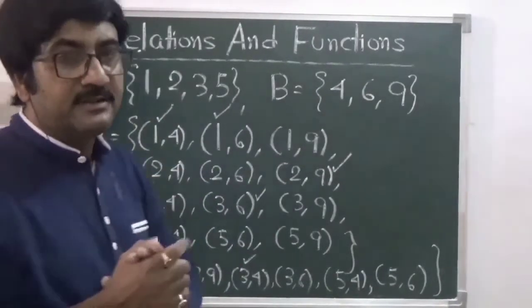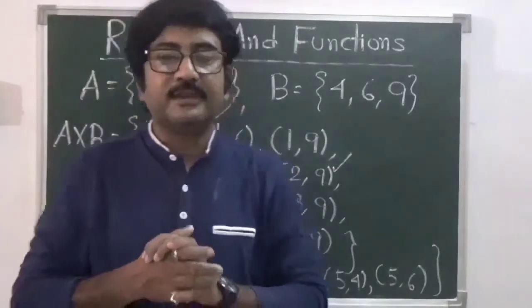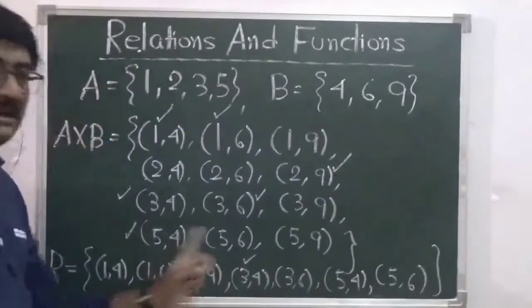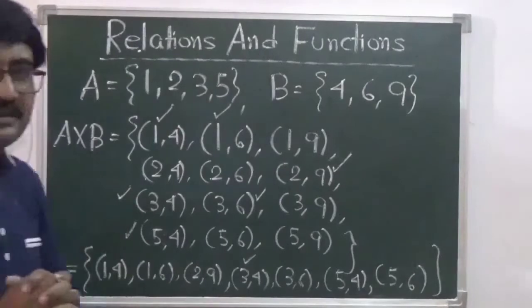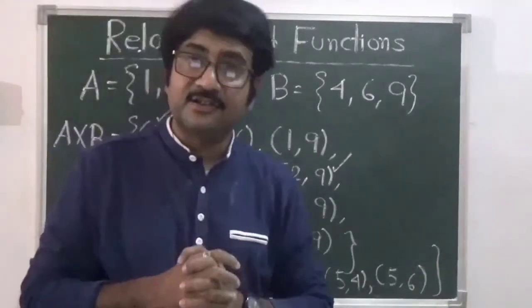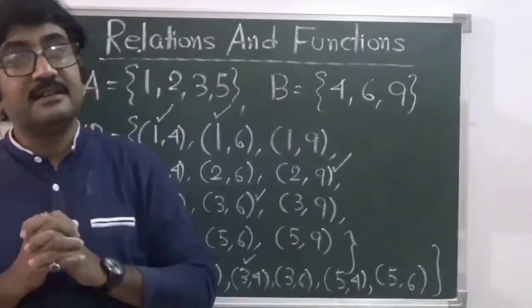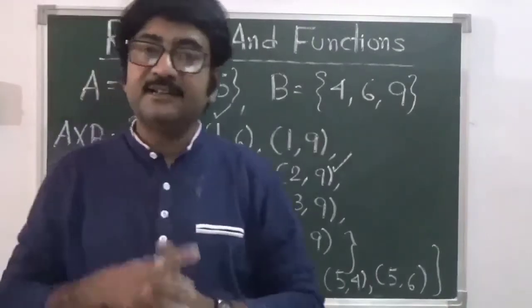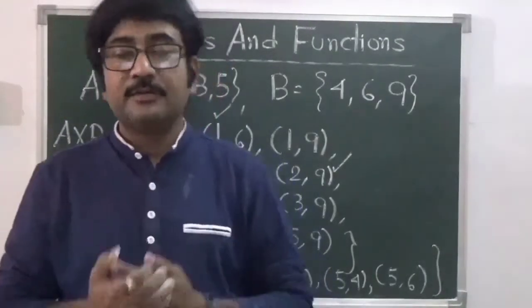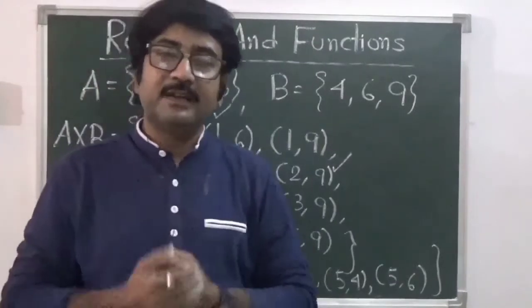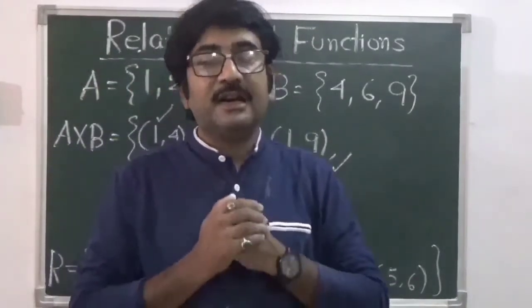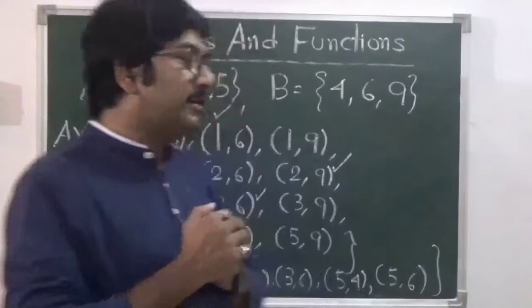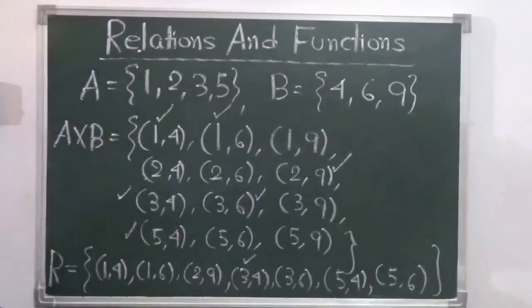These are part of the relation, and all other pairs are not part of the relation, as the difference is an even number. Now after writing the relation from the set builder form to the roster or tabular form, it is very easy to identify the elements of the relation R.